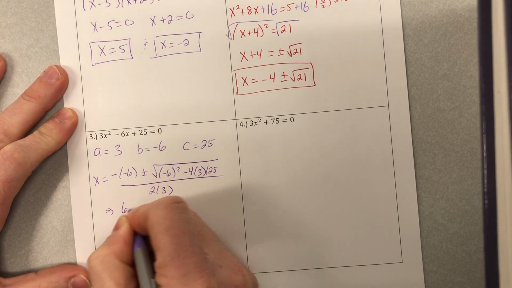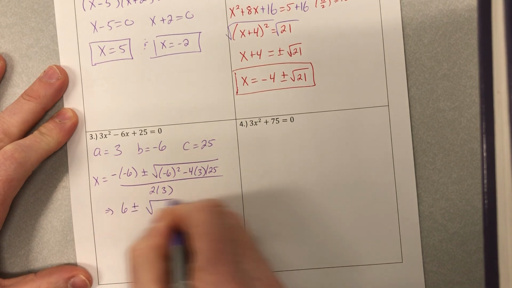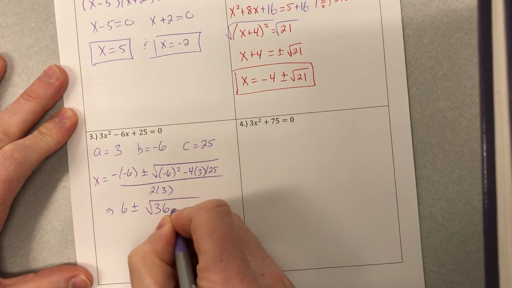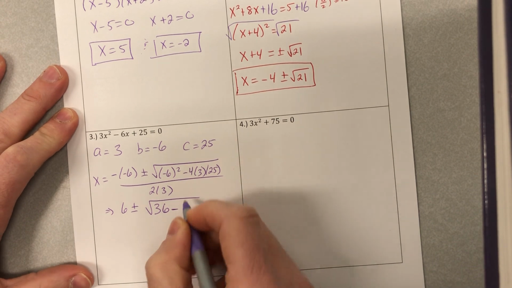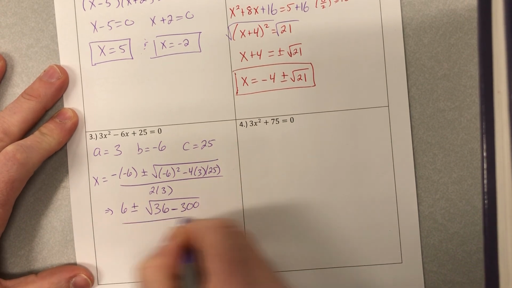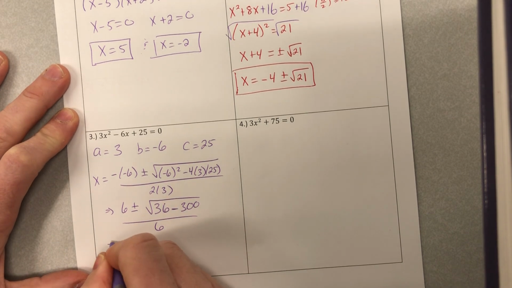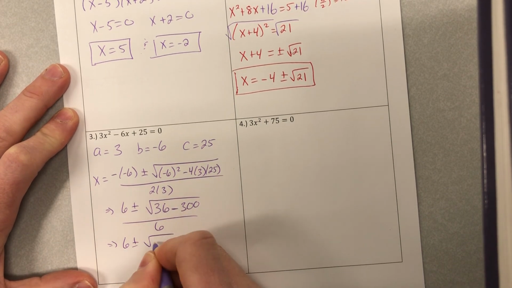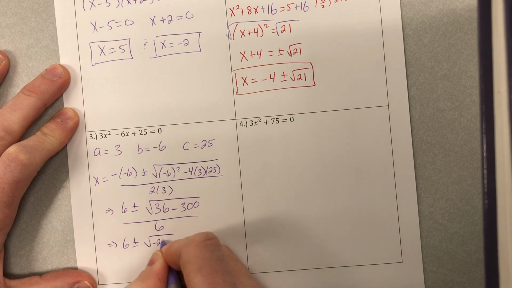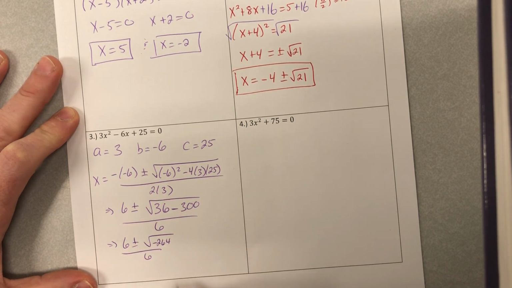When we simplify this, this will be 6 plus or minus the square root of 36 minus 300, all over 6. When we continue to simplify, we would have the square root of negative 264, over 6.